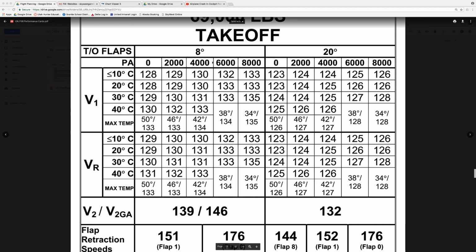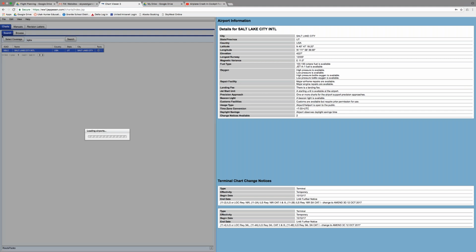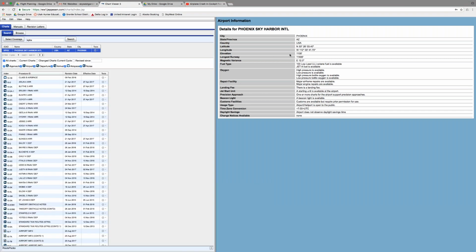So Phoenix is at what elevation? Let's just check it out really quick. I think it's 1168, I could be wrong. Elevation 1135, pretty close.